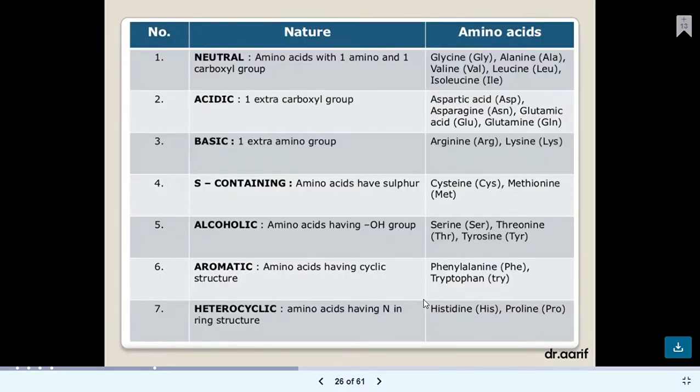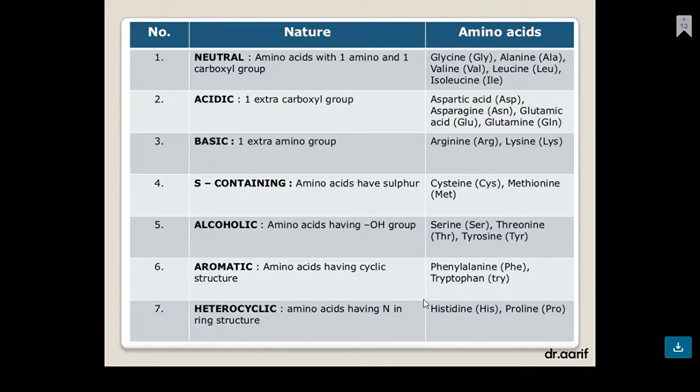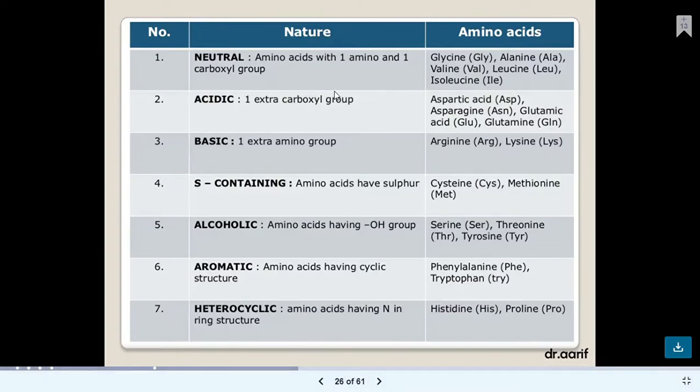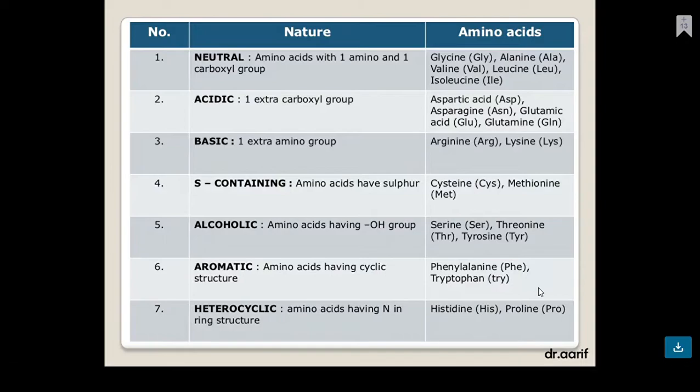You have neutral, acidic, basic, sulfur containing, alcoholic, aromatic, and heterocyclic. You can go through this. I'm not going to go through more, but the main thing you have to know is neutral, acidic and basic. And you have aromatic and alcoholic also, which are the main things, but go through 1, 2, 3, 5 and 6 and even 7 also. These are the main things that you have to go through.